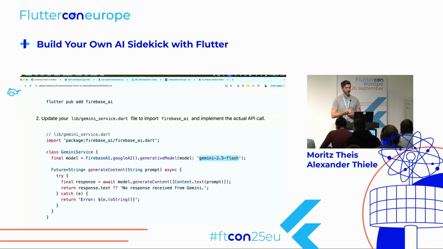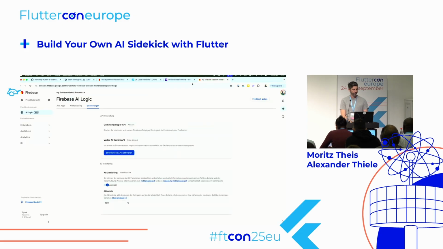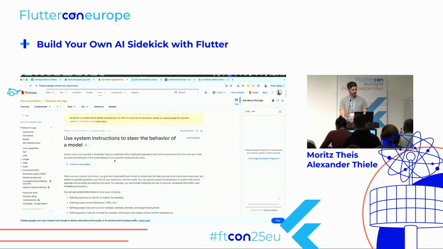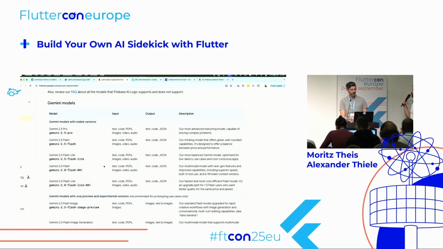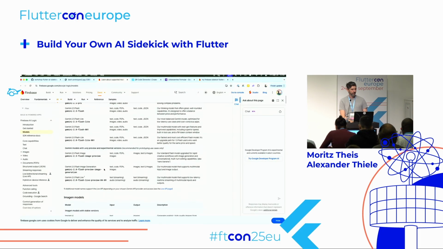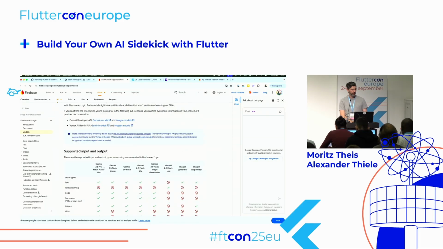You could also just swap it for Gemini 2.5 Pro here if you want. But every network request will take much longer, and the internet's not the best here, so maybe just go with Flash for now. There are actually many models you can choose from, including the image preview, and a lot of others you can just use.